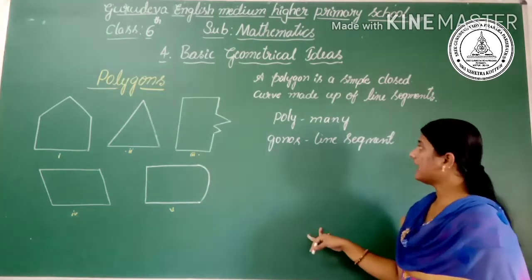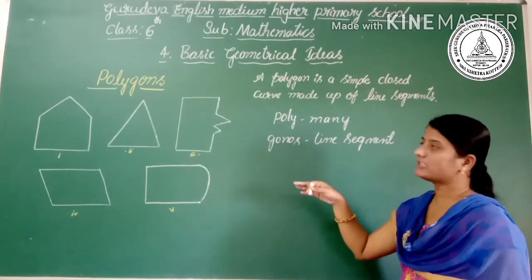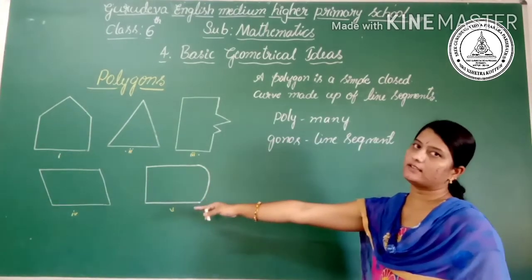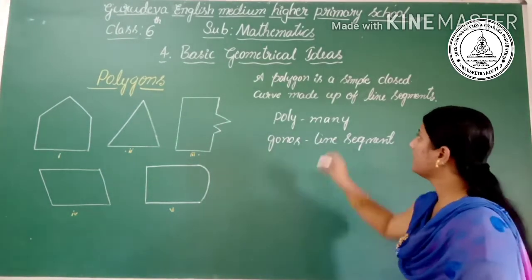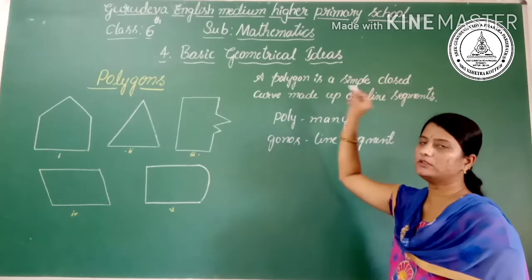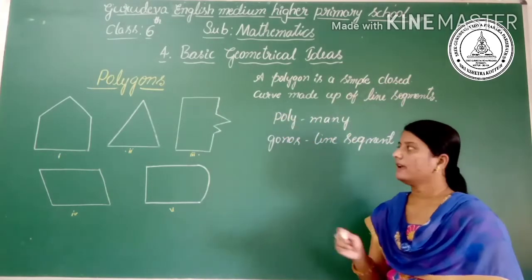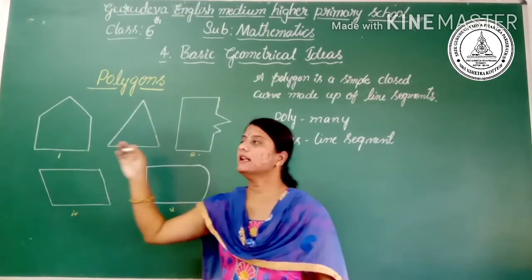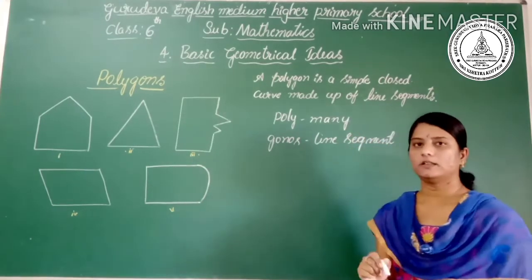A closed figure made up of many line segments is called a polygon. A polygon is a simple closed curve made up of line segments. Simple closed curves made up of line segments are called polygons.